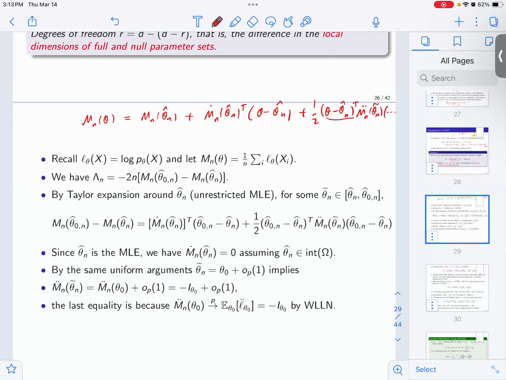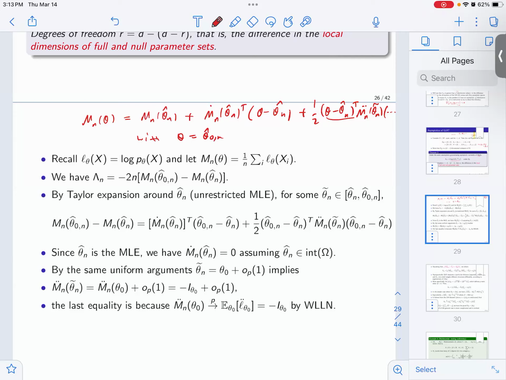This is the same thing as that, and I'm evaluating it at theta being theta hat naught. So the value at theta hat naught is approximately the value at theta hat n plus these terms. Okay, this is the Taylor expansion around theta hat n, with theta equal to theta hat naught n.